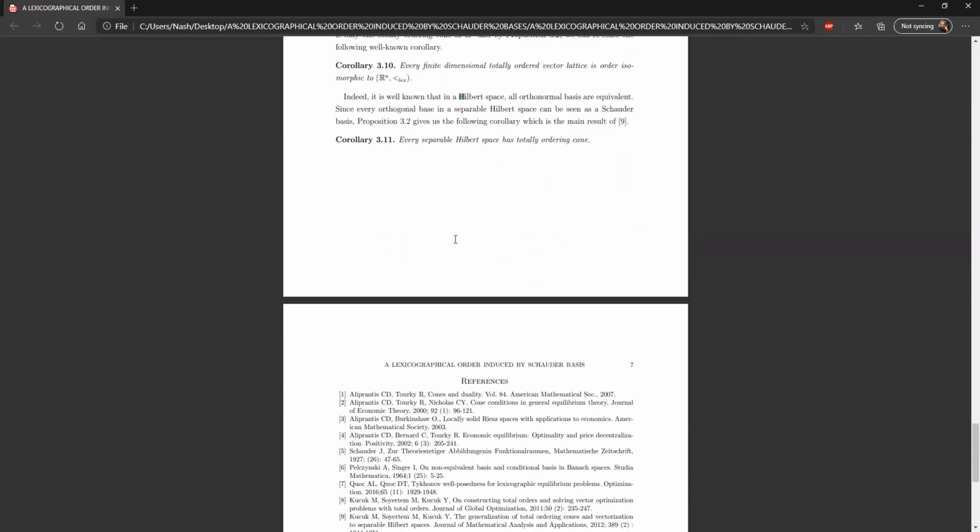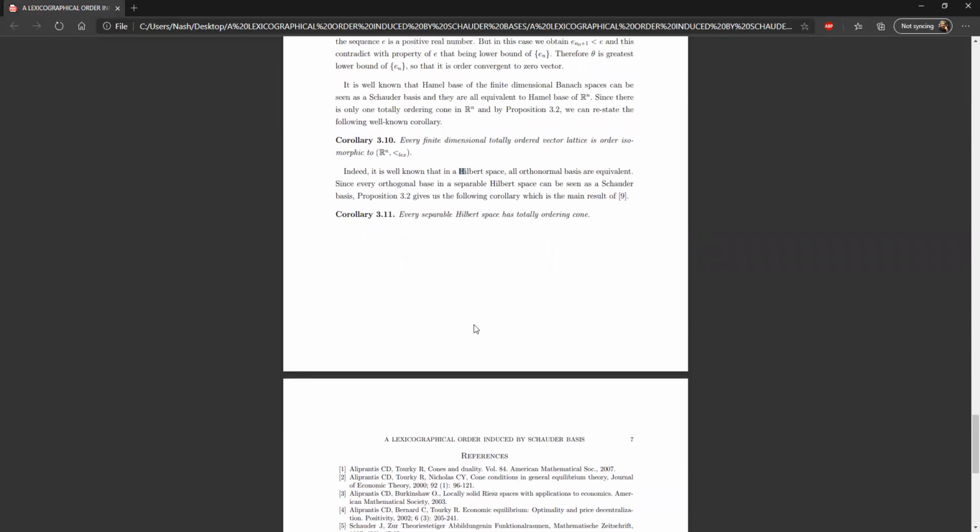This is also a very good conclusion of our result. Moreover, as a generalization of the mentioned paper, every separable Hilbert space has a totally ordered cone, and this theorem has quite large consequences for equilibrium theory and finance.